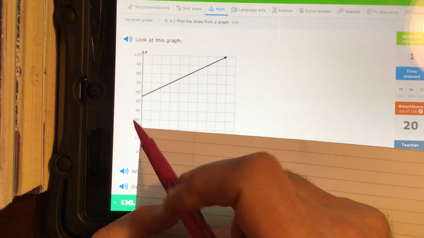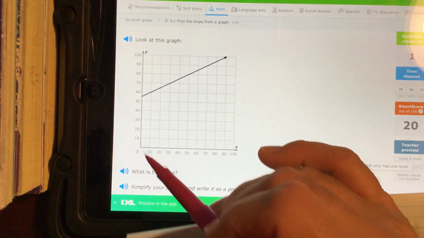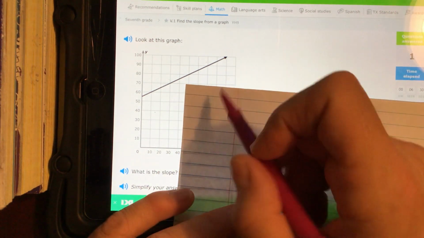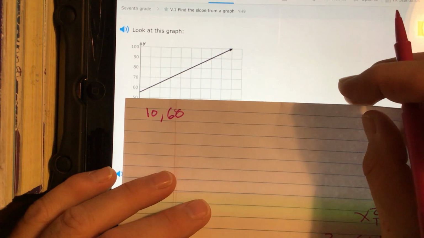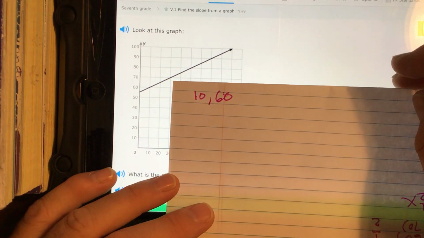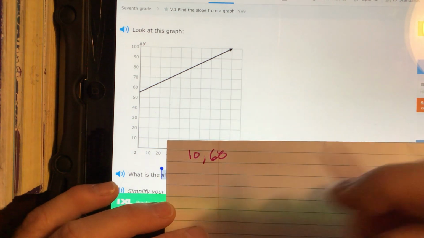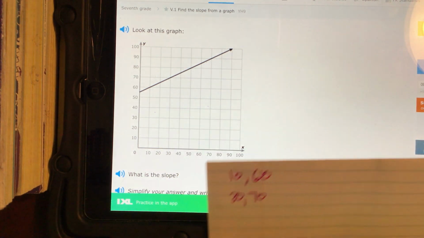Okay, so if I look, it's not on 50 or 60, but it looks like it's going through 60, all right. 10, 60, okay? So that's my first point. My second point does look like it goes through 30, 70.